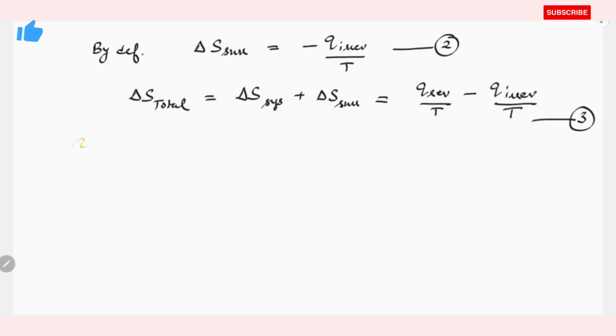From here on, we will use that work done in a reversible process is always maximum as compared to any irreversible process, that is, work done for reversible is greater than work done in case of any irreversible process.